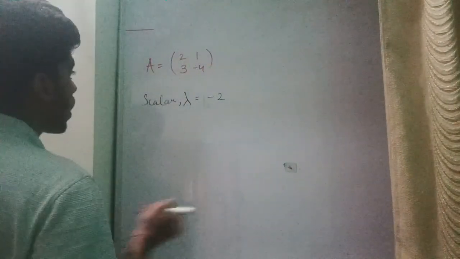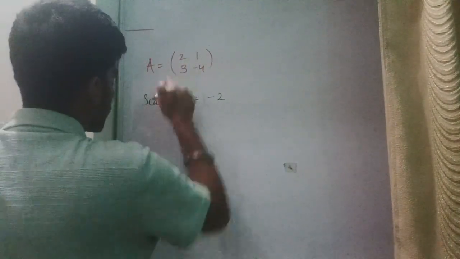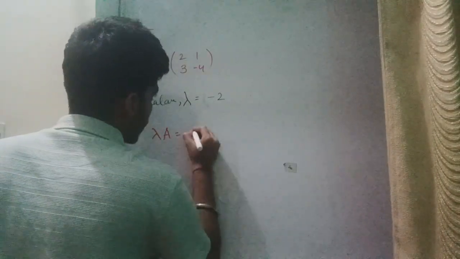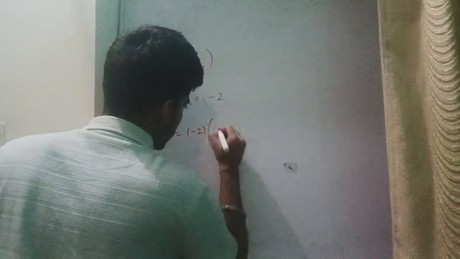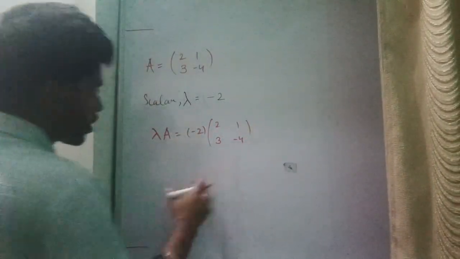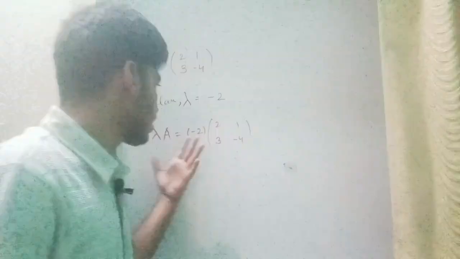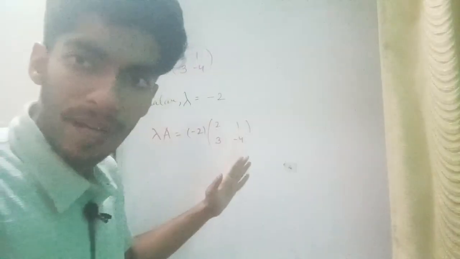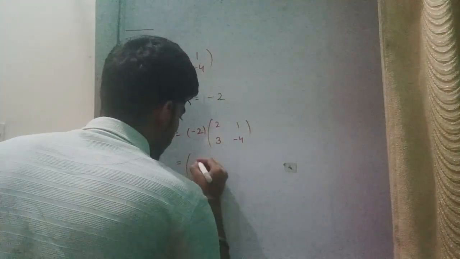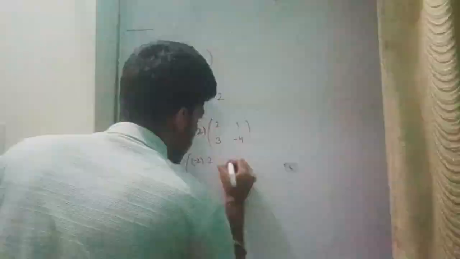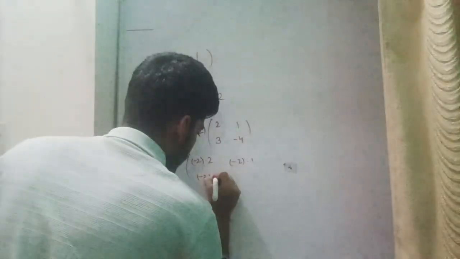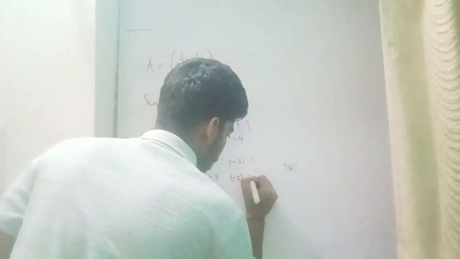Now I'm going to multiply this scalar with that matrix. Here comes my scalar, here comes my matrix, and I can write it this way: minus 2 times the matrix 2, 1, 3, and minus 4. The scalar will be multiplied with each and every element of that matrix. So minus 2 times 2, minus 2 times 1, minus 2 times 3, and minus 2 times minus 4.